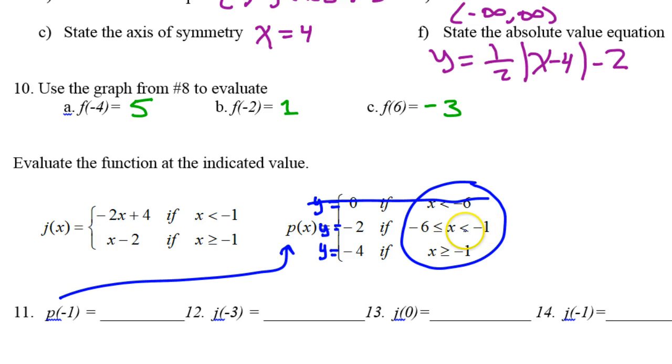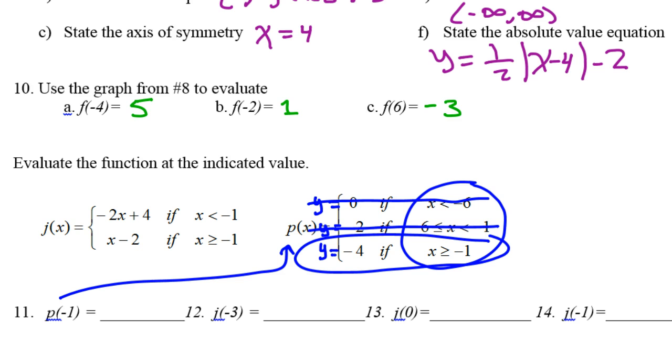Well, -1 is not less than itself. So no. It's going to be the bottom piece that we're using, because -1 is greater than or equal to -1. Because of the or equal to, that makes this bottom part true. So we're going to use the bottom.